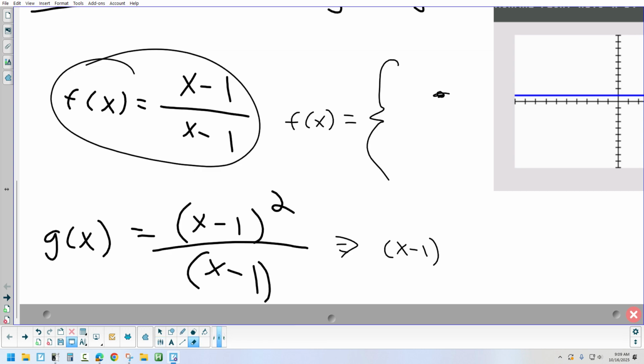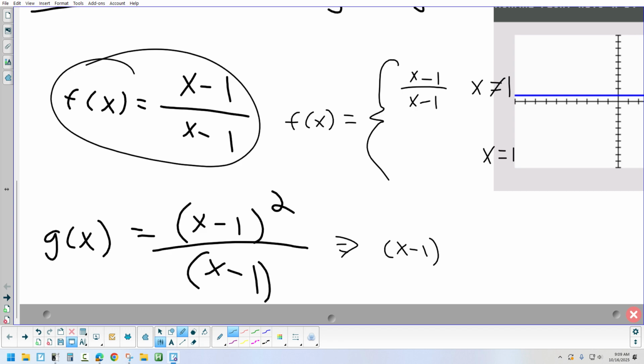I want you to graph x minus 1 over x minus 1 as long as x is not 1. You can use this formula everywhere that x isn't 1, and you'll get most of the picture that I want. There's one problem, and that problem is when x equals 1.